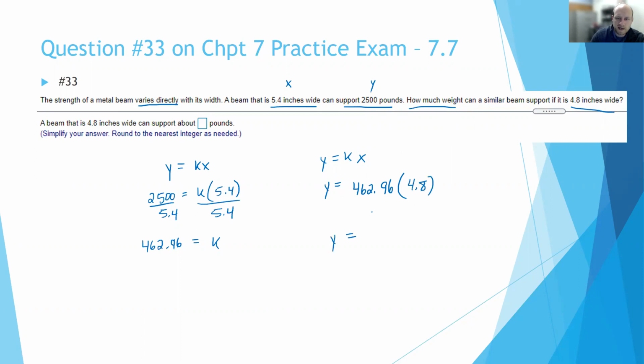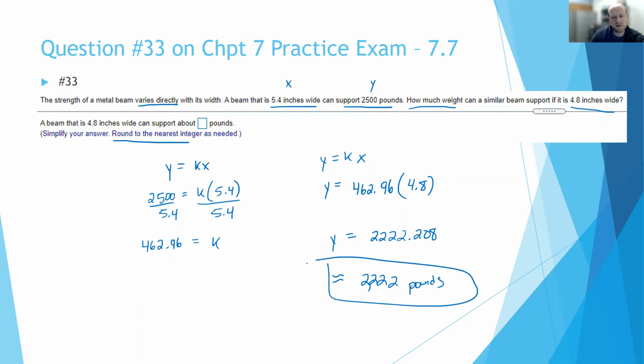And when I multiply 462.96 times 4.8, I'm going to get about 2,222.208. And I'll round that again. They wanted here in the directions the nearest integer. So the nearest integer is going to be 2,222 pounds. So about 2,222 pounds, and you would just put 2,222 in the box.